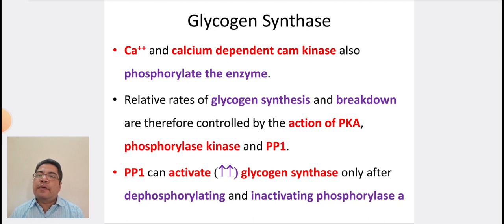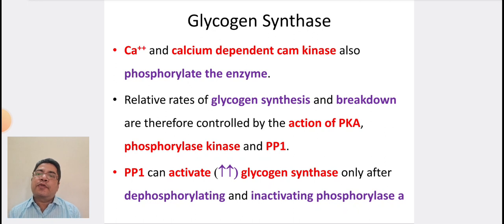The relative rates of glycogen synthesis and breakdown are under the control of the action of PKA, that is protein kinase A, phosphorylase kinase, and protein phosphatase 1.